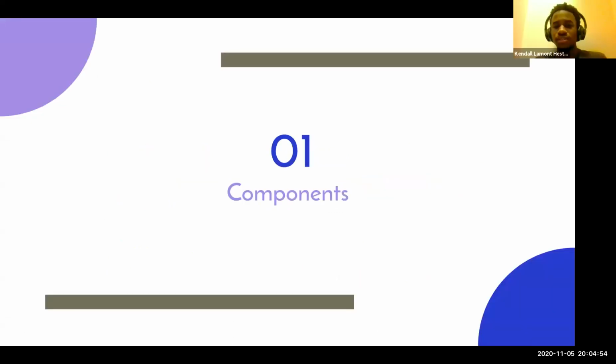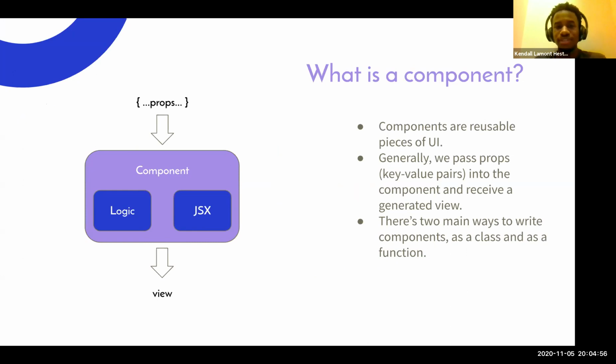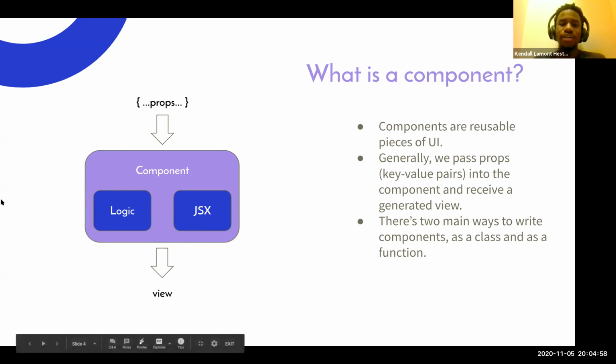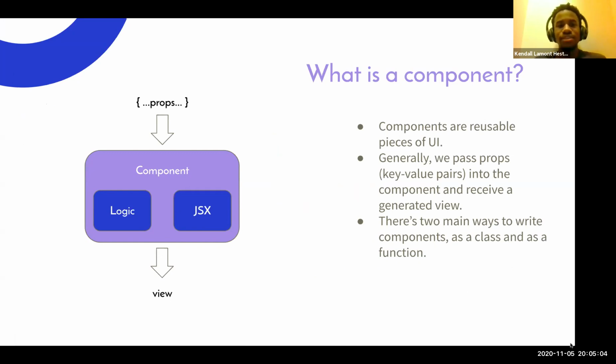All right, so to kick us off, we're going to cover components. A component is, at its basis, a reusable piece of UI. You can think of it as a bundle of logic and renderable content, and in this case, we write that as JSX. Generally, we use a component by passing in props, and we don't really need to know the implementation details of it.